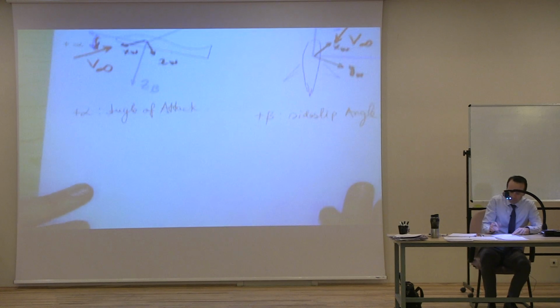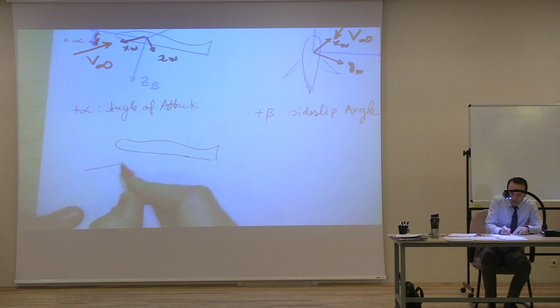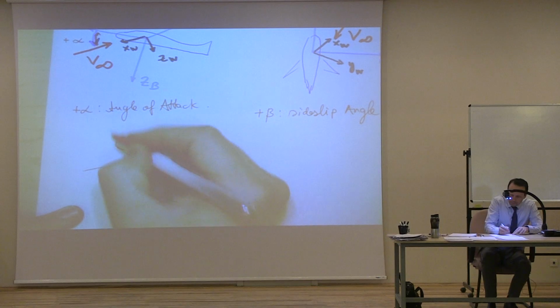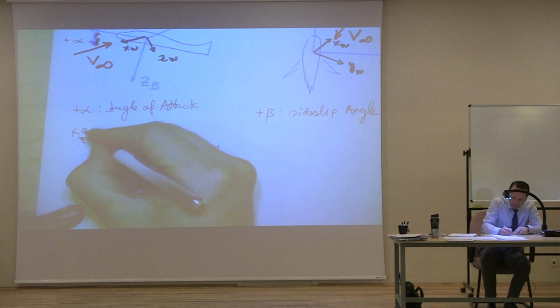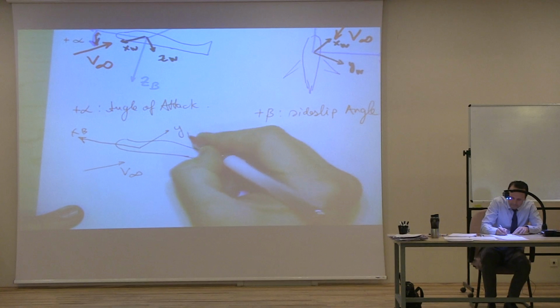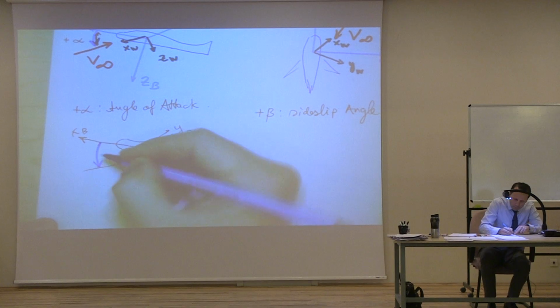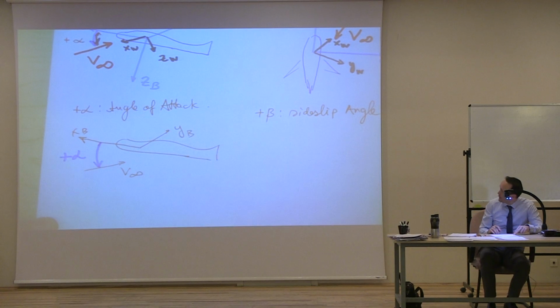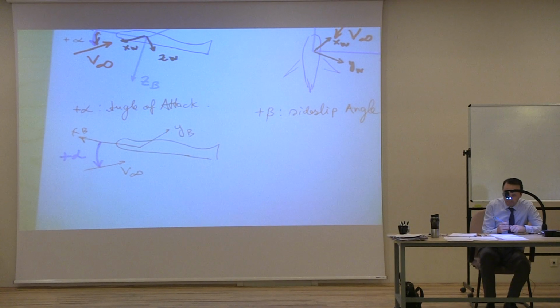So if the airplane is like this, and V infinity is coming from below like that, and this is X body, and this is Y body, this angle we would call a positive alpha, and that's a positive angle of attack.